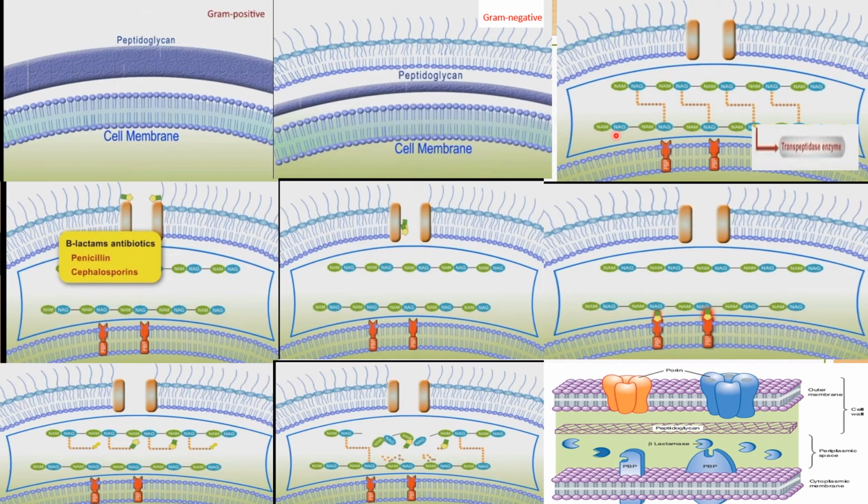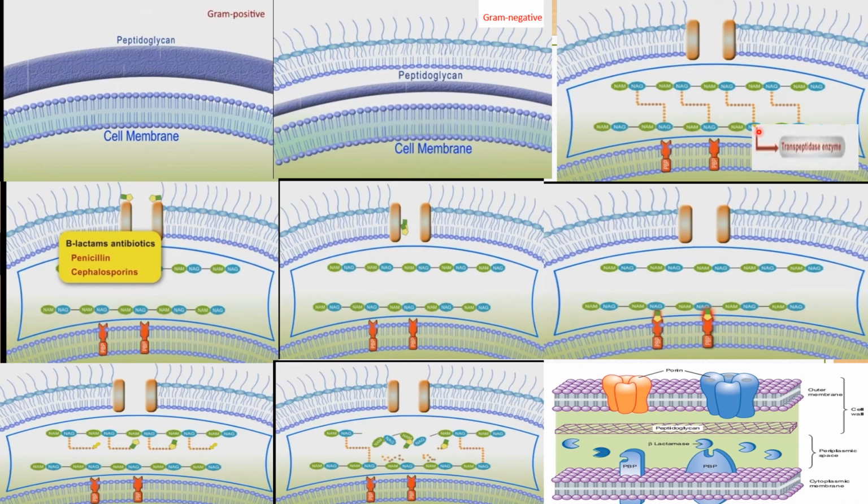Both these are polysaccharides, and these orange colored dots are actually the amino acids that cross-link these polysaccharide chains. Transpeptidases are the enzymes that help in the cross-linking of these chains and thus strengthen the bacterial cell wall.